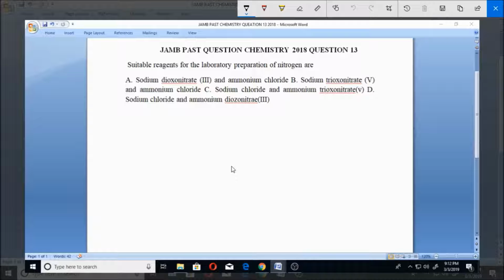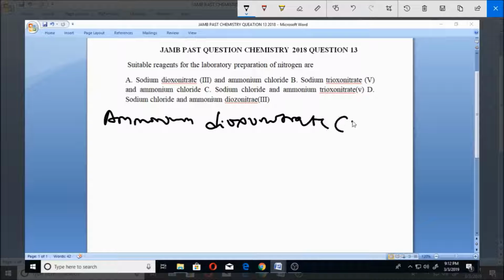Now if you check the chemistry textbook under nitrogen and its compounds, you will note that the laboratory preparation of nitrogen is actually from ammonium dioxynitrate 3.